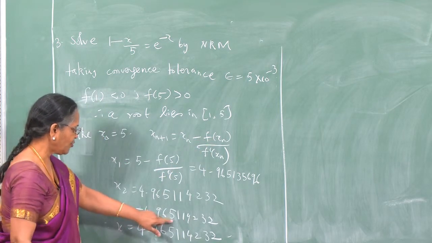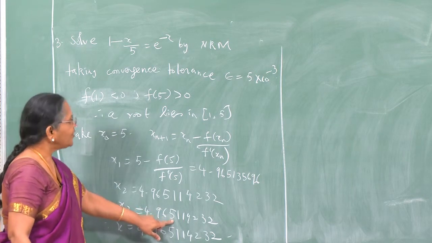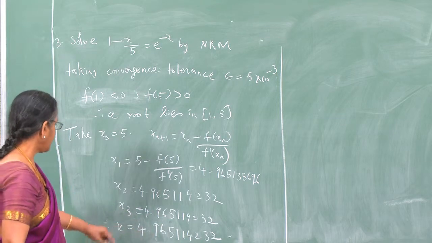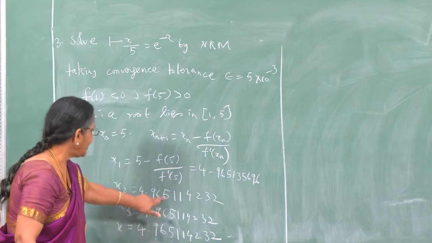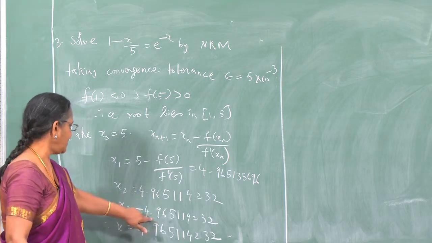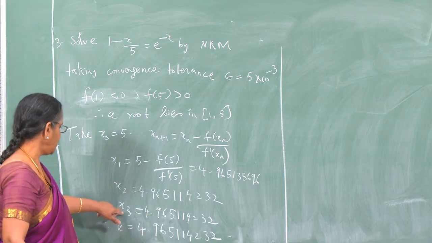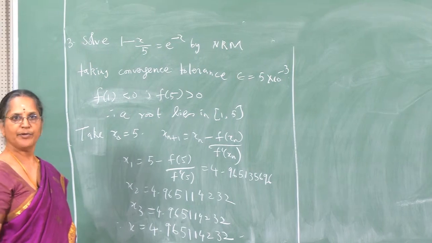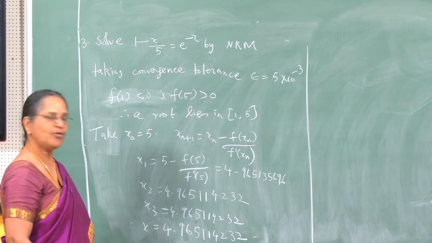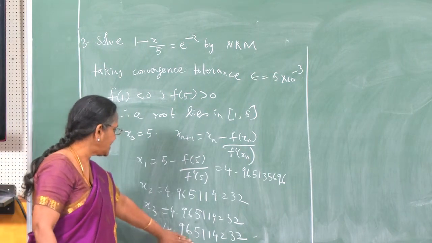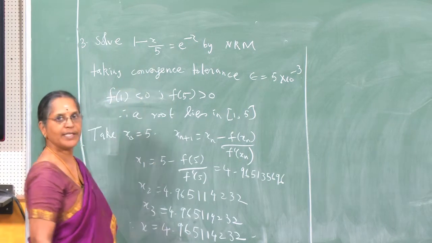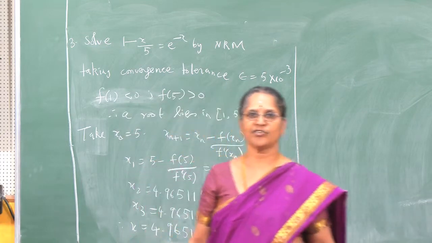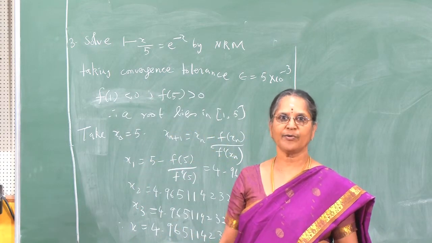X 3 turns out to be this. So, we observe that we have desired degree of accuracy when we compare the solutions at the third step and the second step, and we stop our computations and conclude that x is equal to this is a root of the given equation obtained using Newton-Raphson method, and it is correct to the desired degree of accuracy.